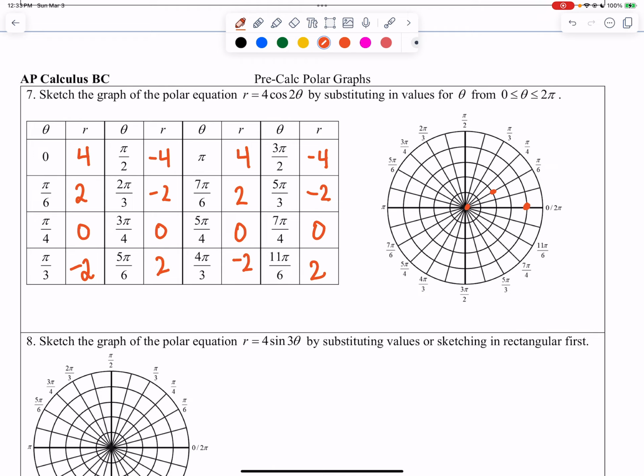Now, at pi over 3, even though we're at -2, that means that we're going to have 4 pi over 3, since this right here becomes this right here. So what I'm going to do is go ahead and sketch that first part. So we have this right here, and we have this.